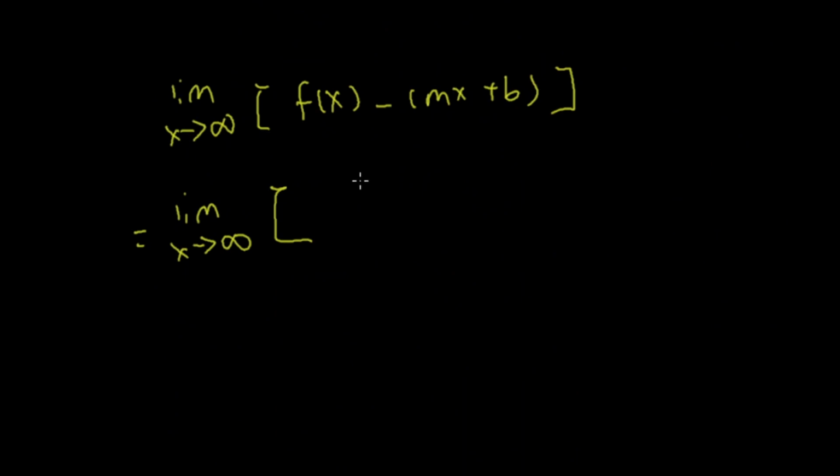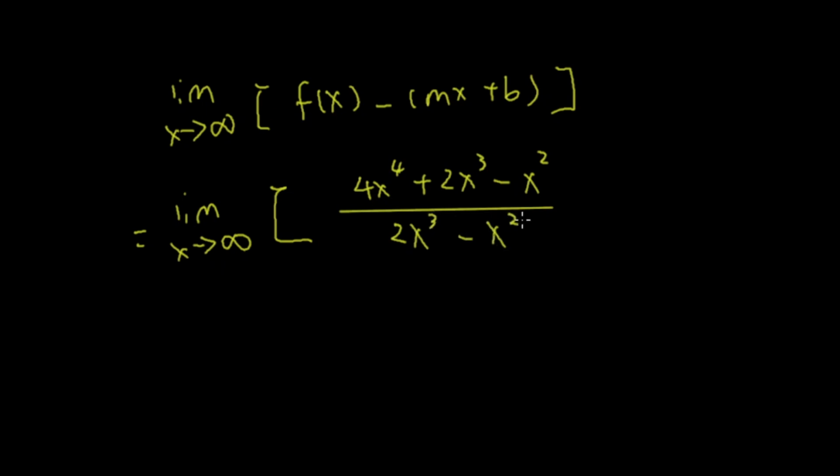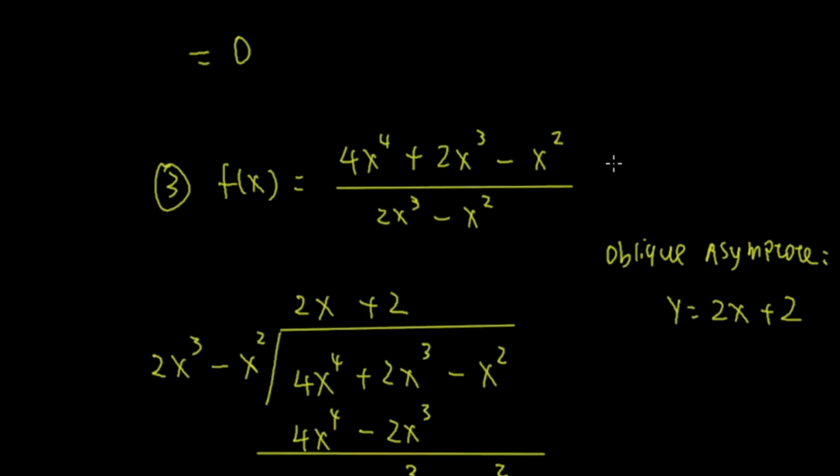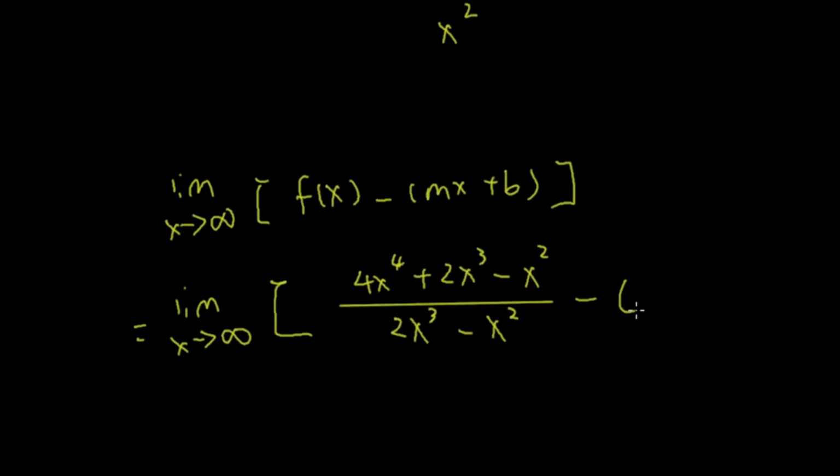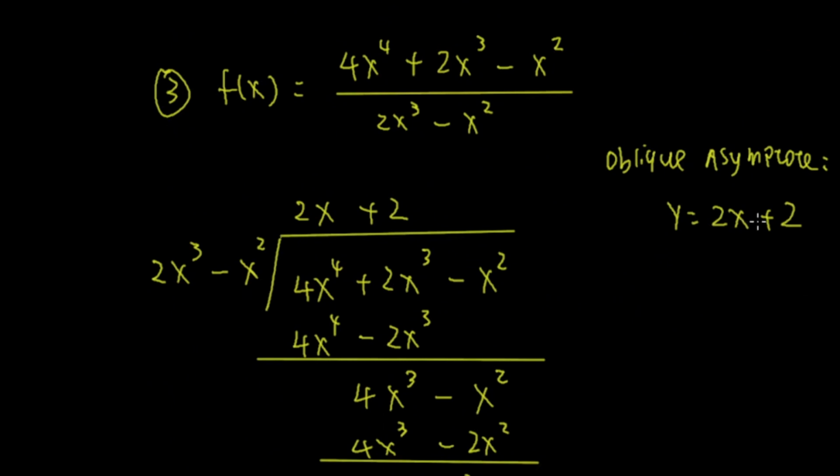So 4x to the 4 plus 2x cubed minus x squared divided by 2x cubed minus x squared. Now minus here, 2x plus 2.